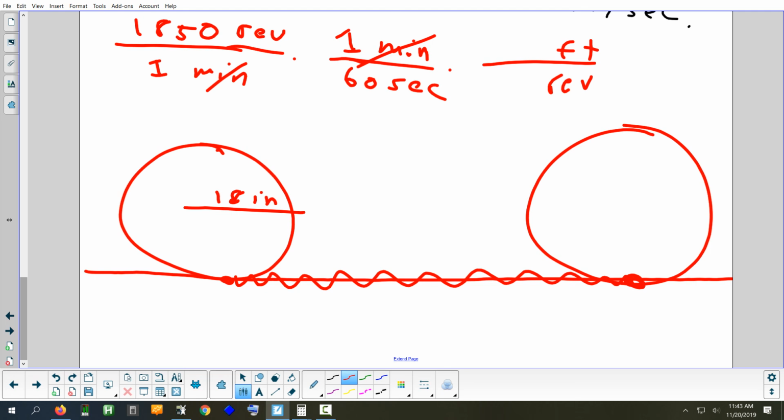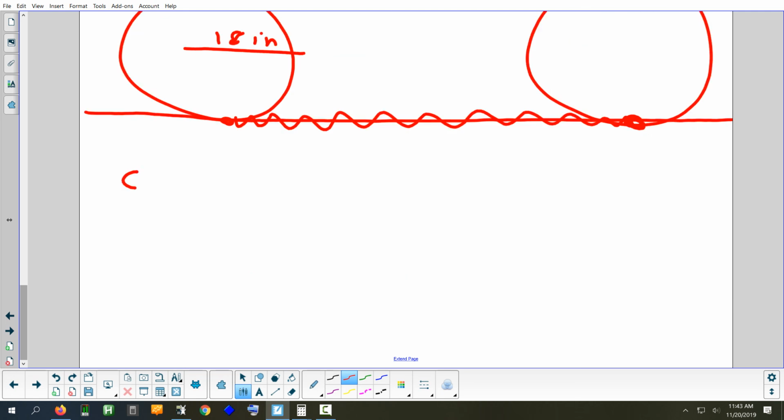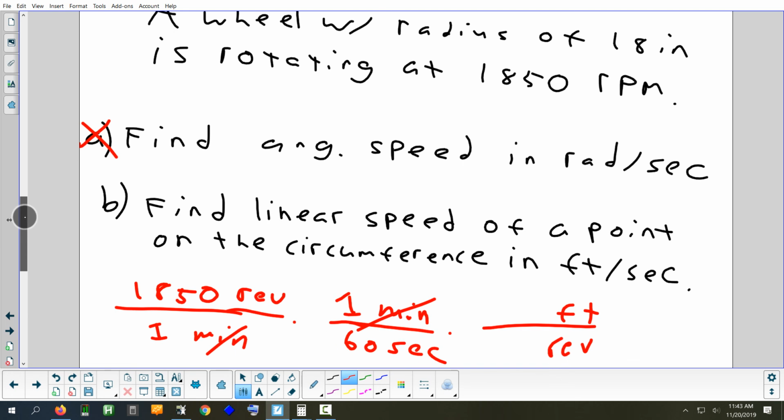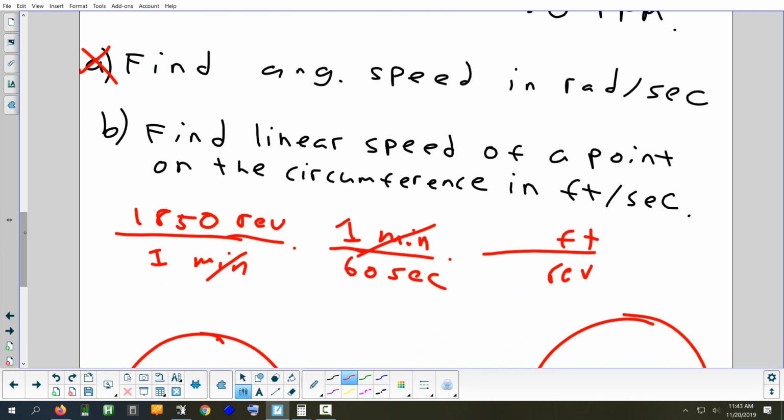So we need the formula for circumference. What's the formula for circumference? 2 pi r, same thing, 2r pi. What's my radius in this case? 18 inches, but I'm trying to get feet. I could do a separate conversion, but I picked a number that was easy. 18 inches is how many feet? 1.5.